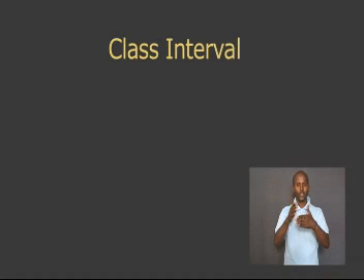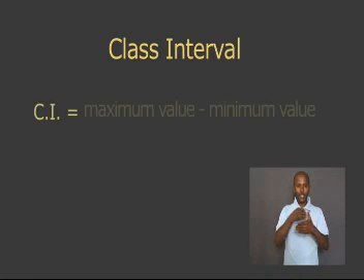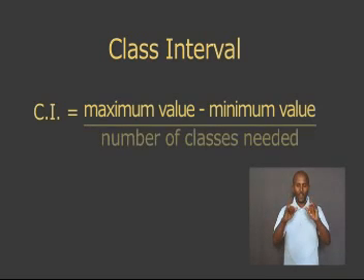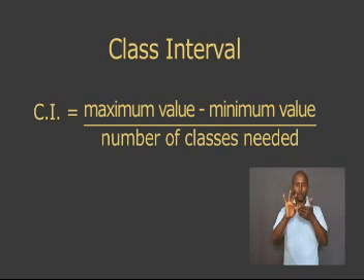You find the class interval by subtracting the minimum value from the maximum value, then dividing the result by the number of classes needed. It is easier to round the class interval to the nearest whole number.